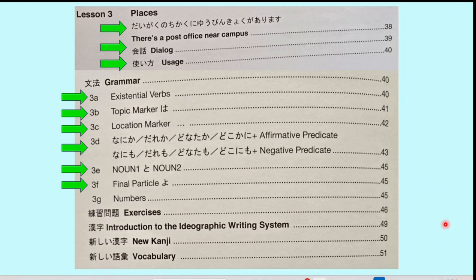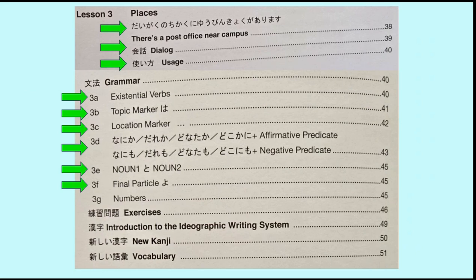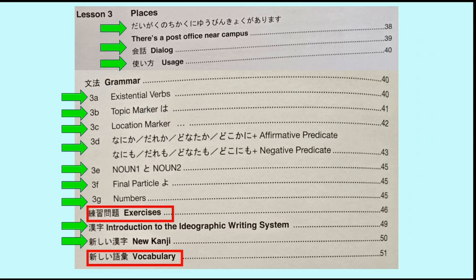So friends, I think we are done with today's lesson. The green arrows indicate that these topics have now been covered in the last three lessons and this fourth video of this lesson.